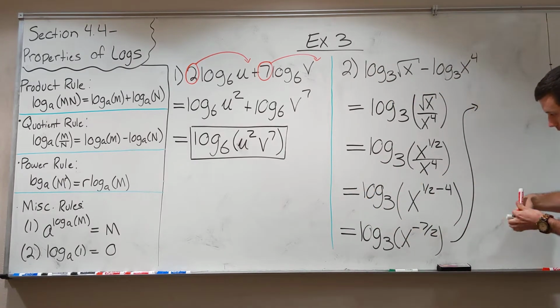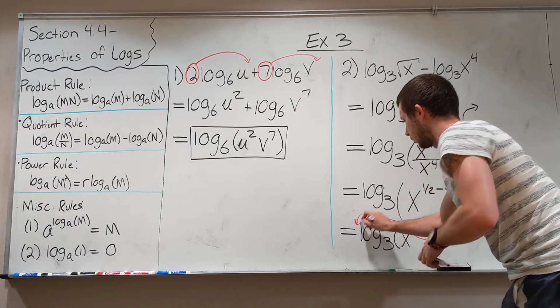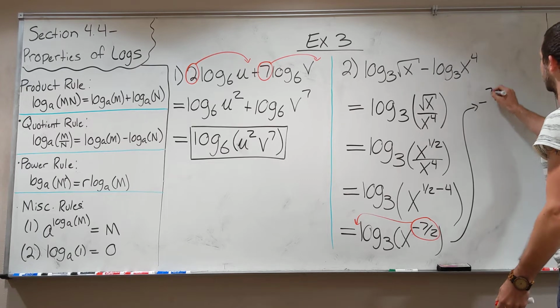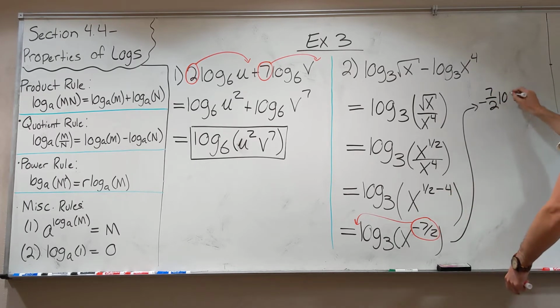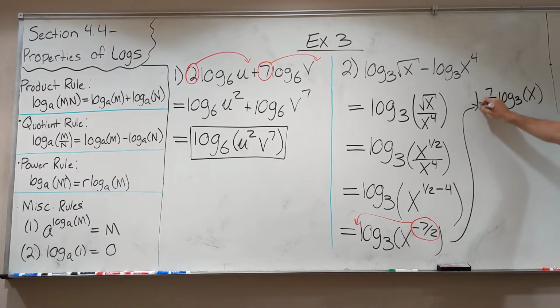So we're taking this -7/2 and bringing that to the very front of the corresponding logarithm. So -7/2 comes to the front. Everything else we write down. And you can put the parentheses if you want to, or you don't have to. My math lab won't count it off either way.